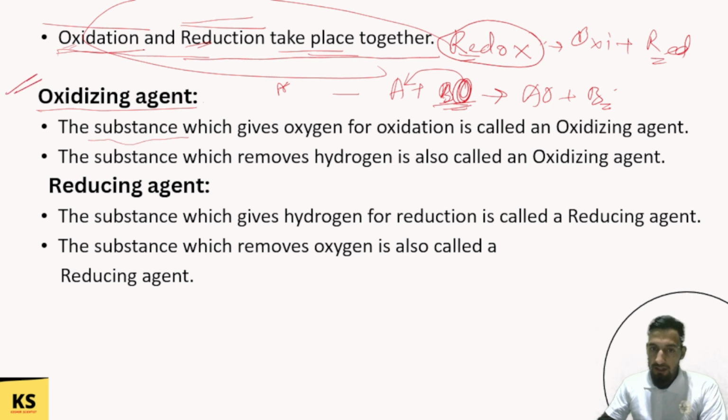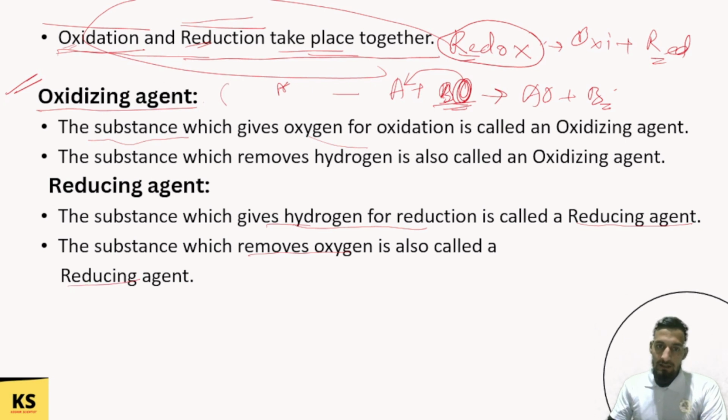Similarly, what is a reducing agent? The substance which gives hydrogen for reduction. As here it was oxygen for oxidation, we have a reducing agent that gives hydrogen for reduction. That type of substance is called a reducing agent. And similarly, a substance which removes oxygen is called a reducing agent.